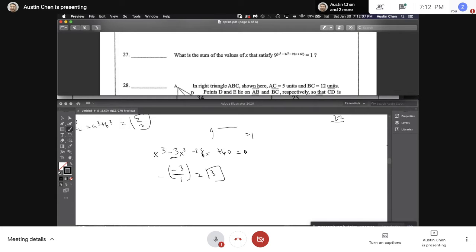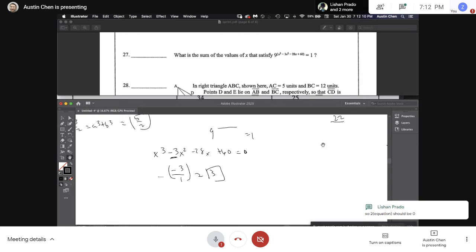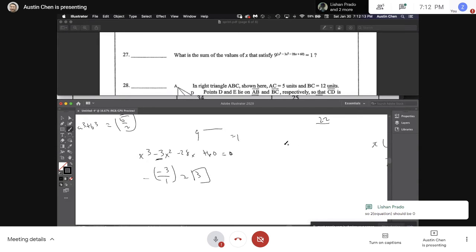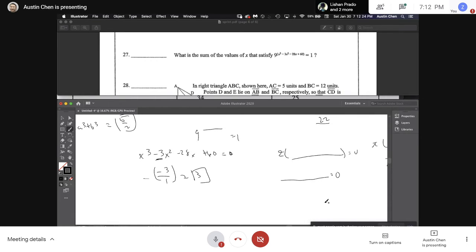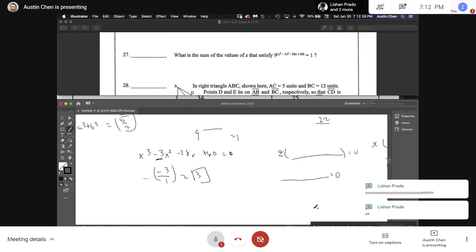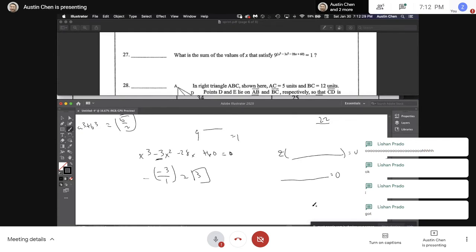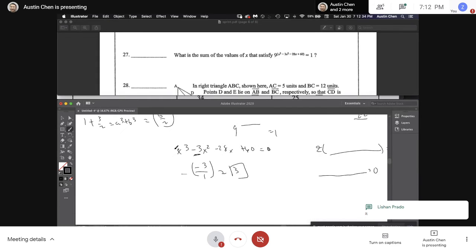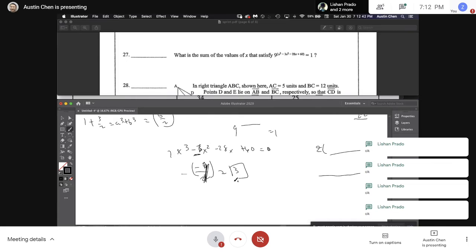Well, if you have 2 times the equation that equals 0, you can just divide by 2 on both sides, right? So then you just have the equation equals 0. But also, it doesn't affect Vieta's, right? Because you're going to have 2 and -6, so it just cancels out in Vieta's, so that also will just give you the answer. Okay, cool.